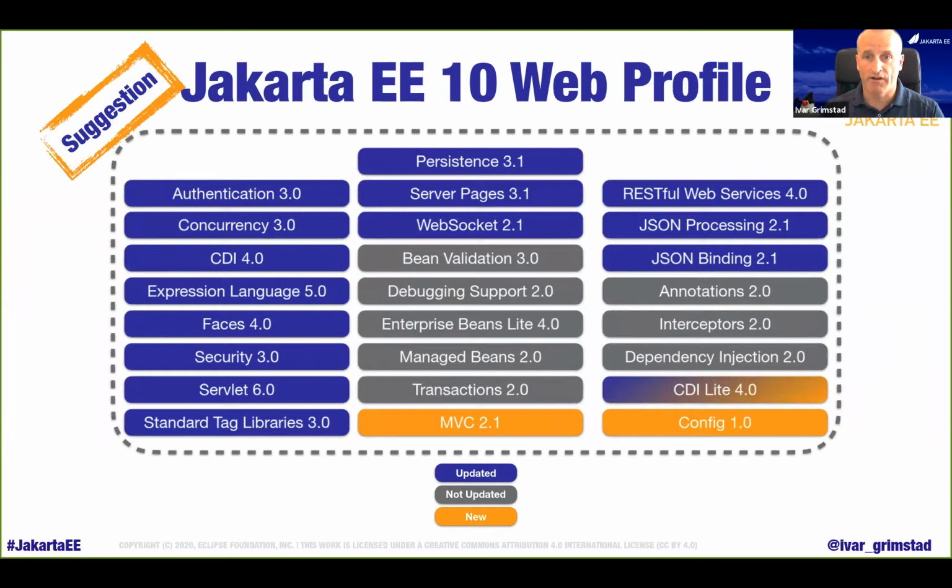And for the ones who are very observant, you can see that Concurrency 3.0, the second one from the top, is new here, because that was previously only part of the platform. But there are some who want to move this into the web profile, so it's been proposed to be a part of the web profile.